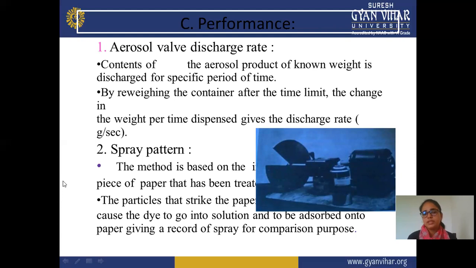Next is the performance test. In this performance test, we are checking your aerosol. In this, we mainly check the aerosol valve discharge rate, as well as the spray pattern, how it discharges, and whether it discharges according to the requirement or not, and whether the discharge pattern is uniform or not.